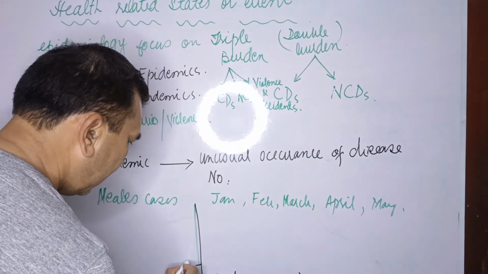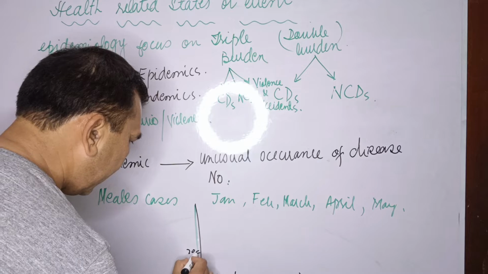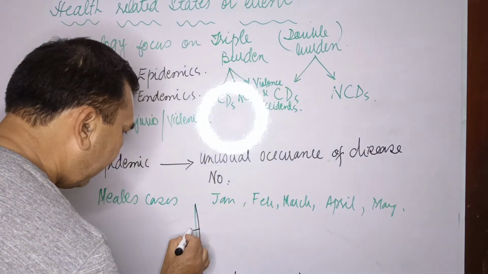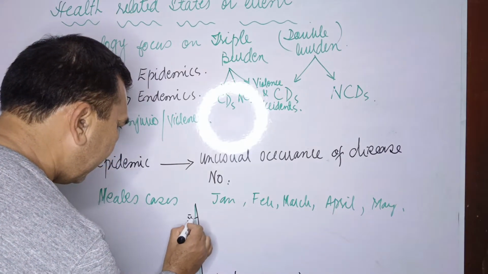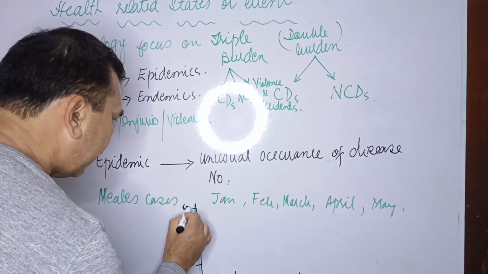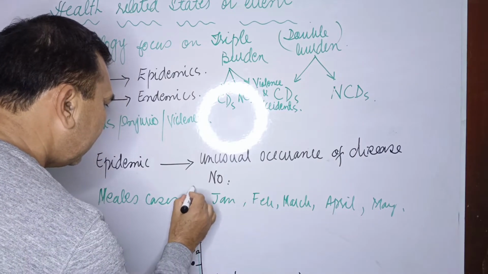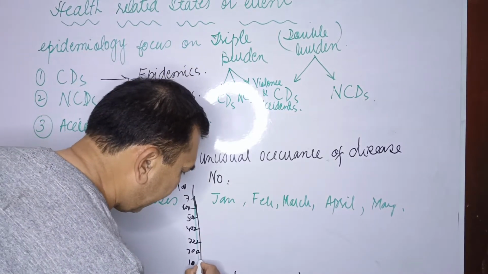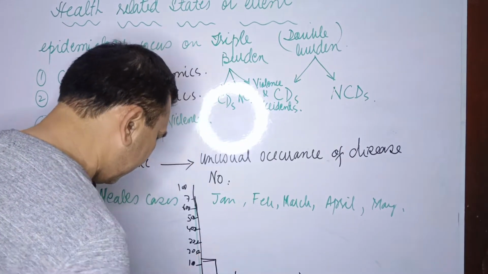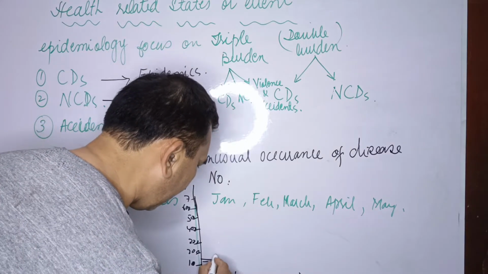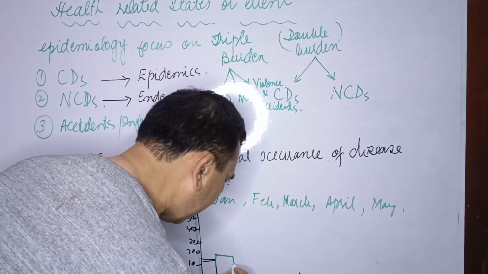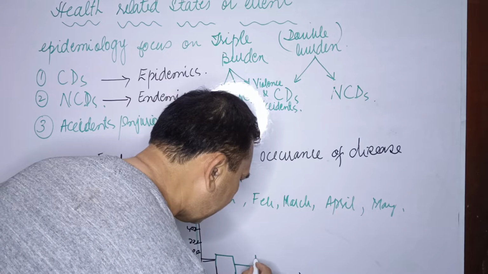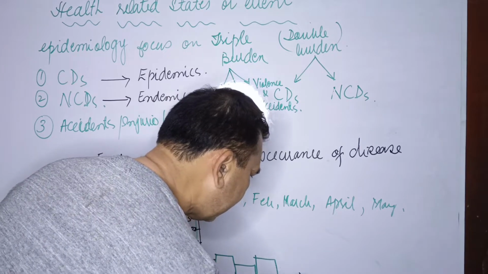Now see 100, 200, 300, 400, 500, and 600, 700, and 1000. Now see 100 cases and 120 cases, again 900 cases, 120 cases.